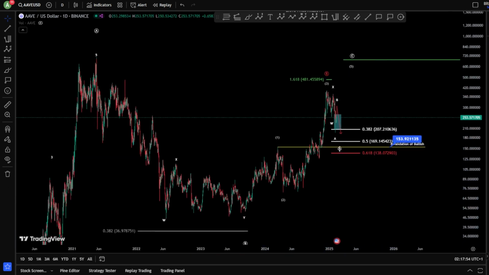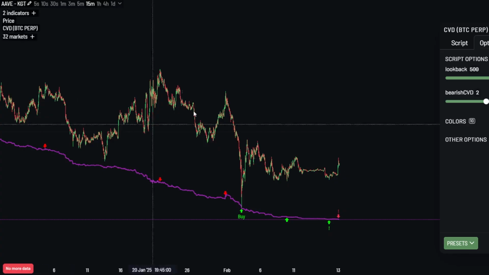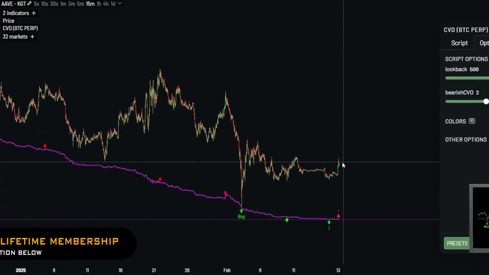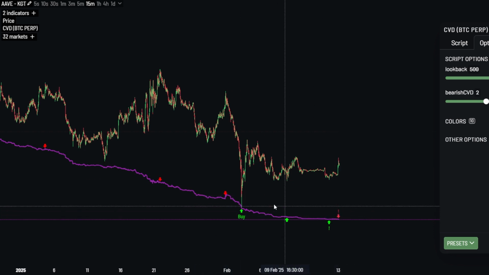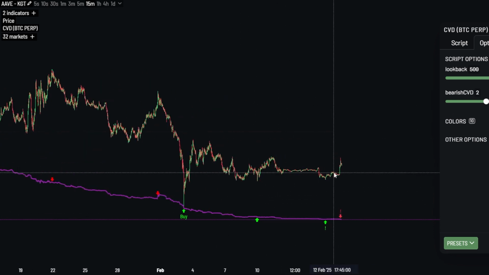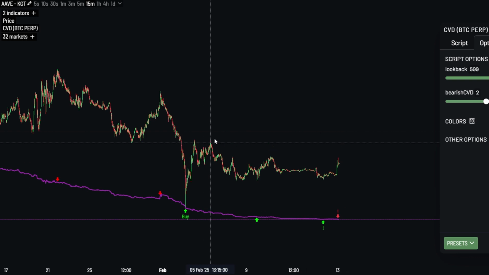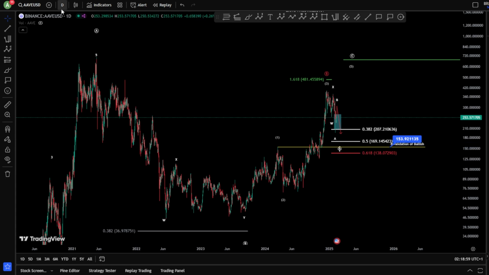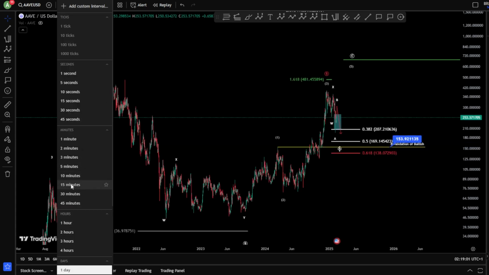Let's take a look at KGT very fast. So taking a look at KGT for AAVE, very interesting. We have a very strong convergence from the top here. After having A, B, C, D, and an E, the wave E anyway took the high, so invalidation probably. Let me check as well here if this happened.